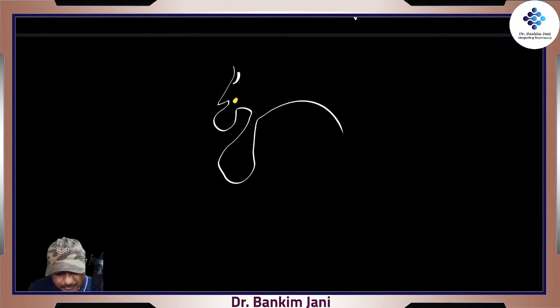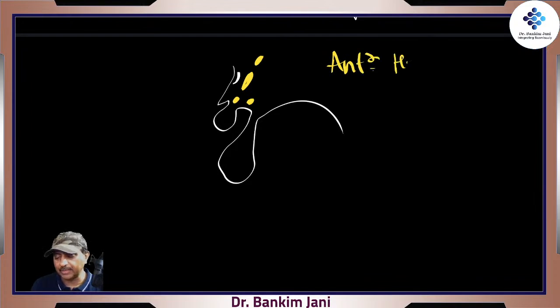So here will be suprachiasmatic. Now every time we won't write, but we'll just draw so that it goes into our brain. So suprachiasmatic, this is supraoptic. There would be anterior hypothalamic nuclei, and this would be paraventricular nucleus. So this yellow part is our next topic, and that is anterior hypothalamus.